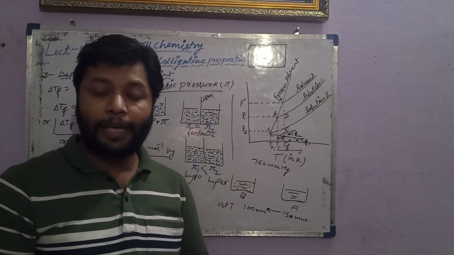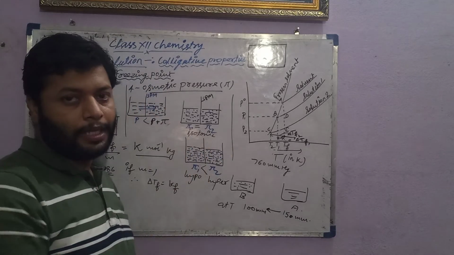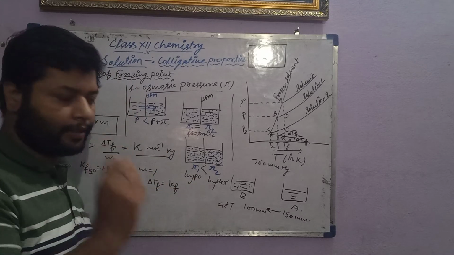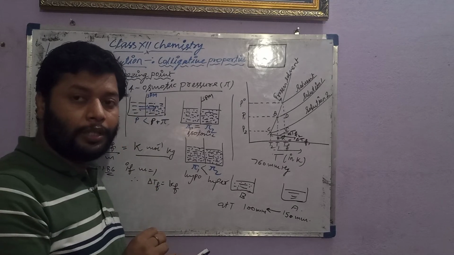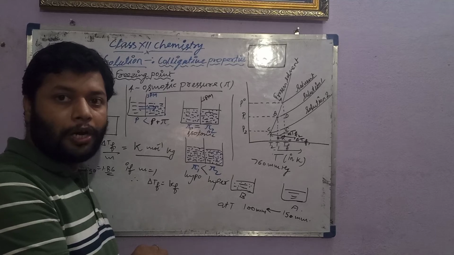The solution having greater concentration and greater osmotic pressure is called hyper, meaning larger or greater. The solution having a lower concentration of solute and lower osmotic pressure is called hypotonic.